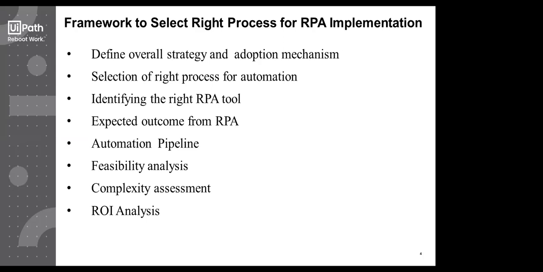So this is where the developers and the solution architect who actually have to develop it can have their say that, okay, we have already used this application in this process, and it was very difficult to automate because everything was dynamic, or the site was very slow, it wasn't responding well. So they can have their say at that time, because the BA or the manager or the lead who would be doing the complexity assessment would just be aware of the steps that are written, and based on that they'll be taking a decision that, okay, this particular process falls in low complexity.